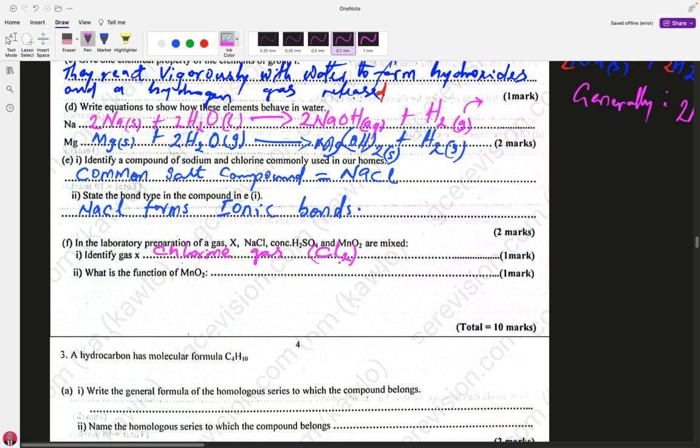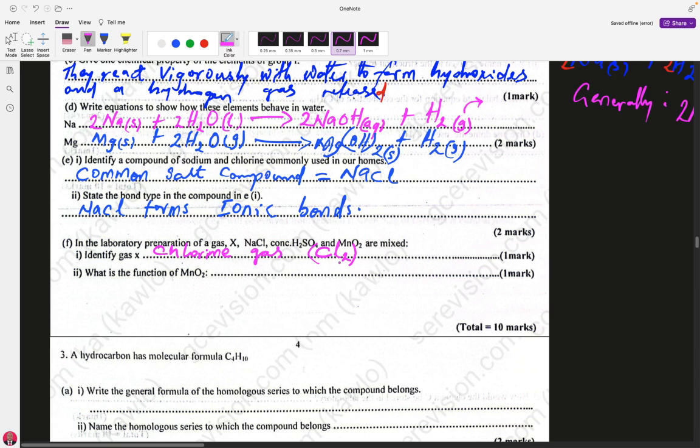Now, what is the function of MnO2? If you go to our previous video, you will see in paper 1 this same question appeared there. Manganese(IV) oxide is a transition element, and one of the properties of transition elements is that they are used as oxidizing agents. They also form colored compounds and are used as catalysts.